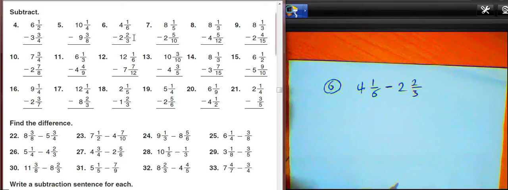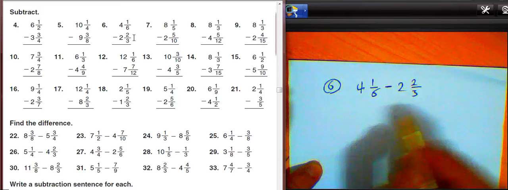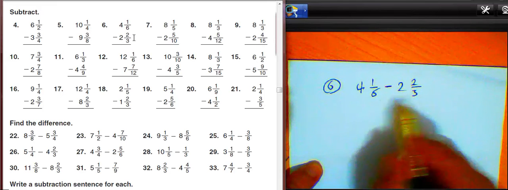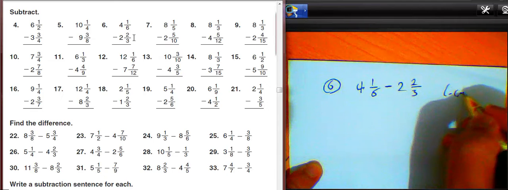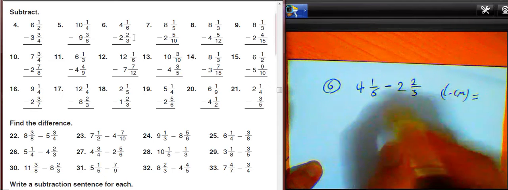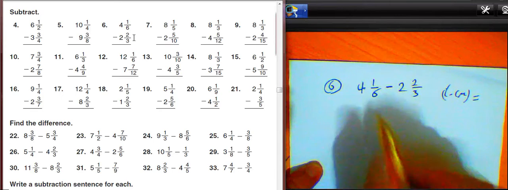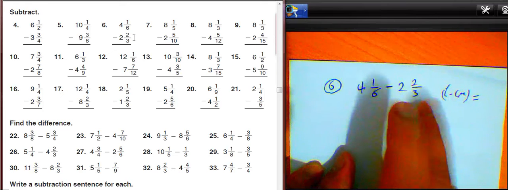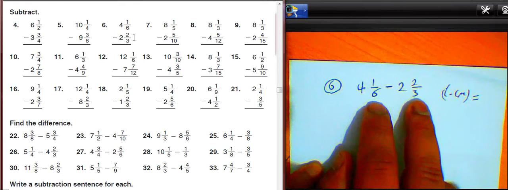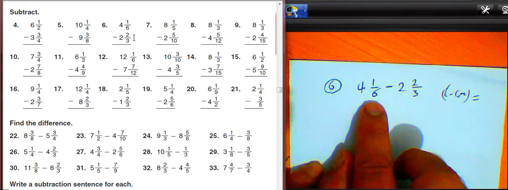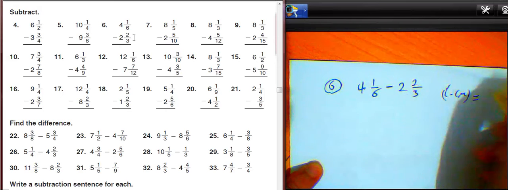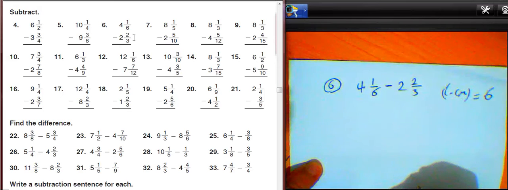First we convert using the least common multiple of them. The least common multiple will be 6 because 6 can be divided by 3. We look at the denominators of the two mixed numbers, and we have 6 here and 3. 6 can be divided by 3, so the least common multiple will be 6.